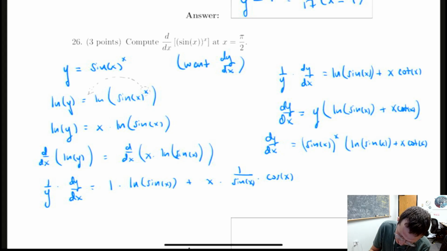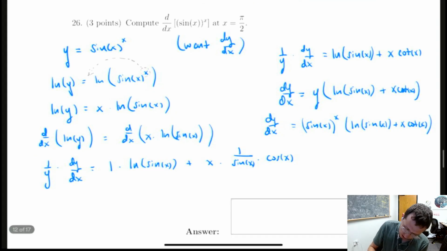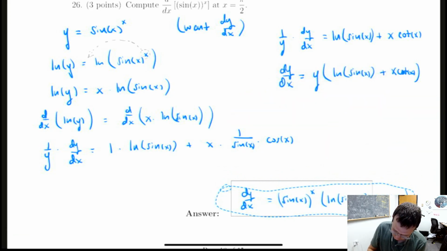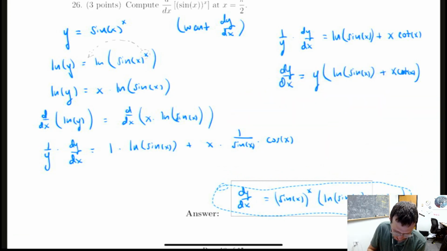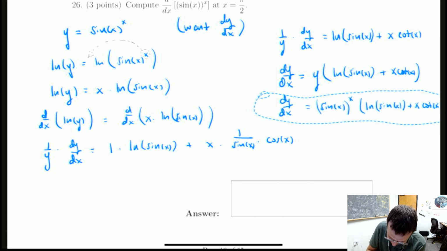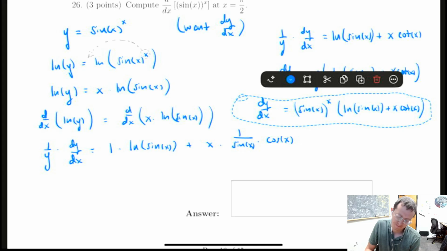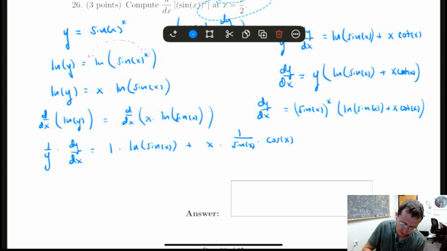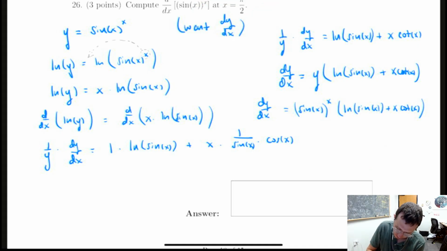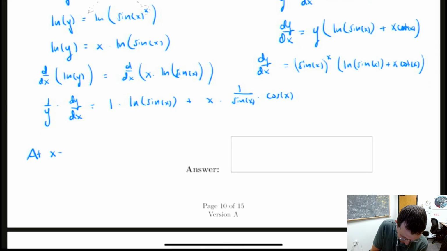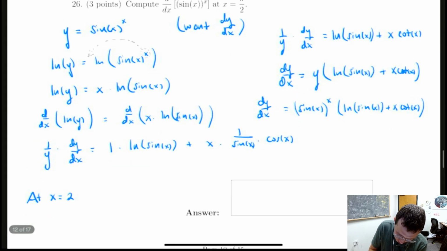And there is our answer. It doesn't even fit in the answer box. Oh, wait. This is not the answer, because they wanted the derivative at x equals, sorry, pi over 2.